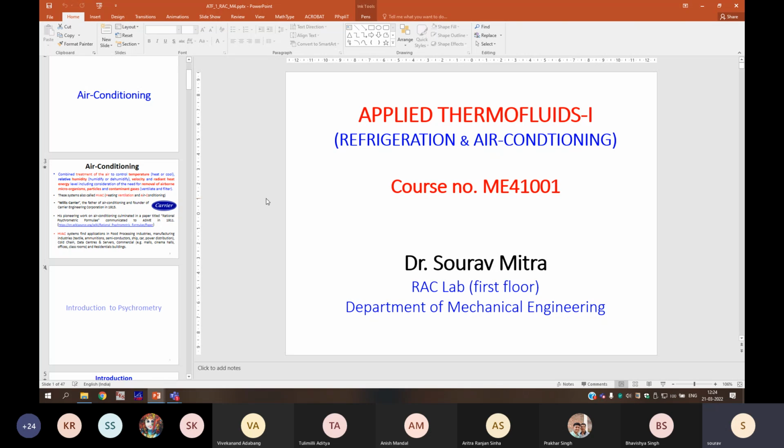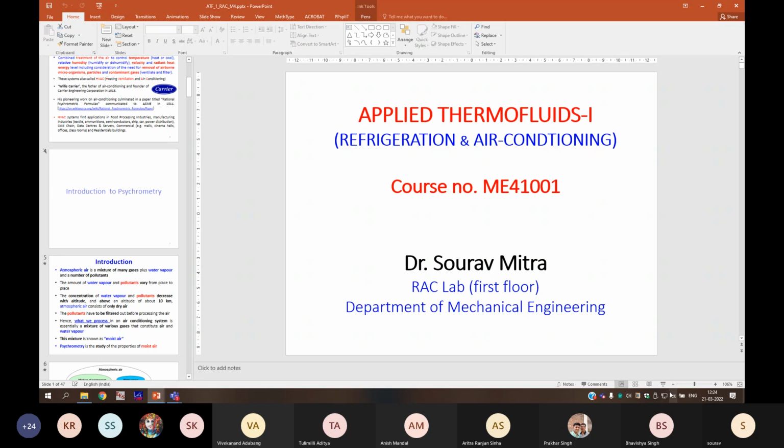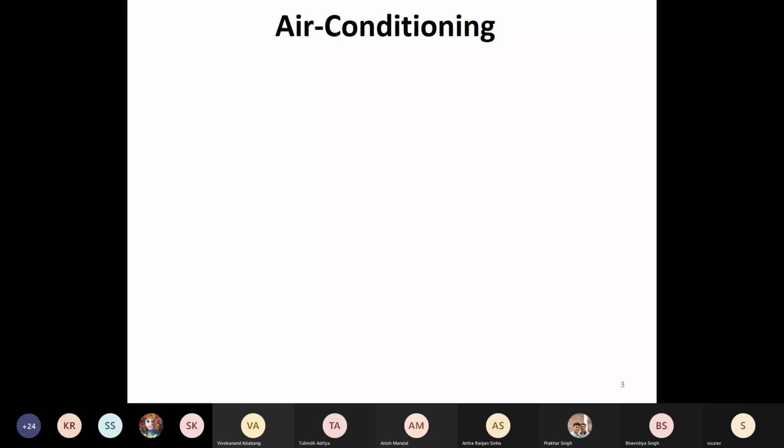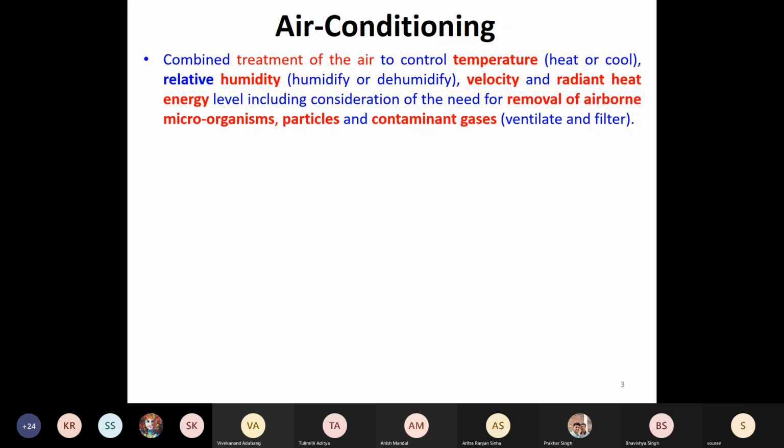Most of the other students have already seen that. So we will just discuss the basics of the air conditioning system and the psychrometric processes involved in that. Any questions on the hardware part of the refrigeration system? Okay. Great.